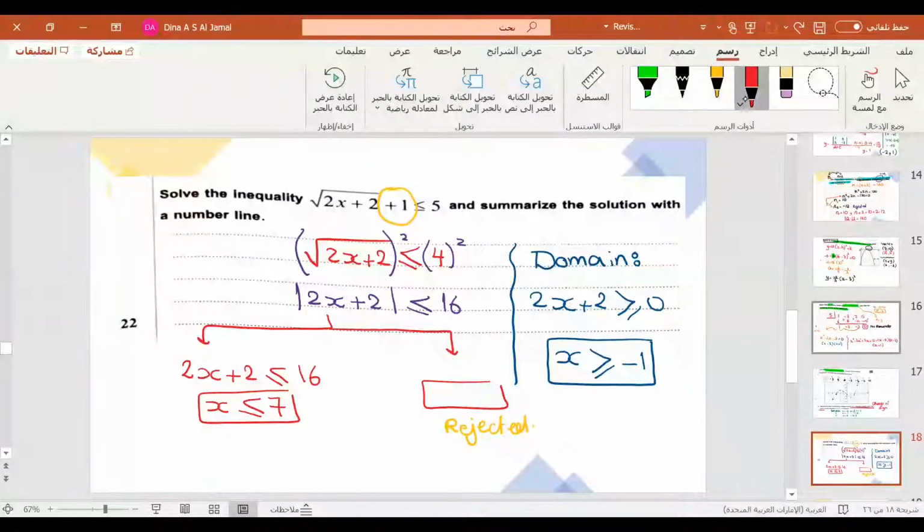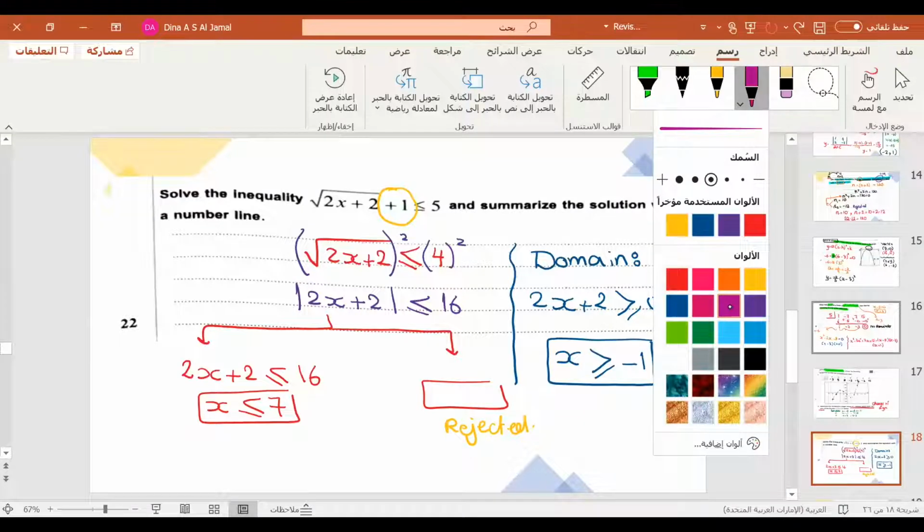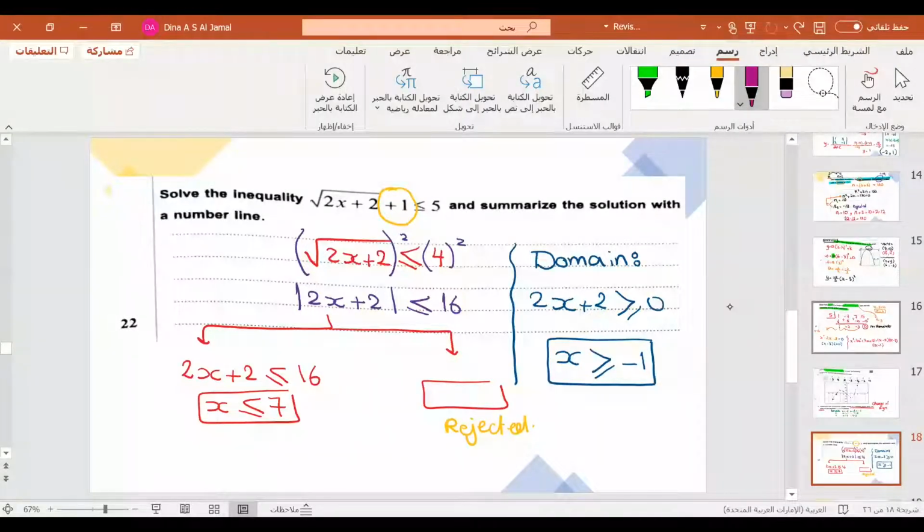So that means your solution will include the domain and the value here, so it will be x such that x is bigger than or equal to -1 and less than or equal to 7.